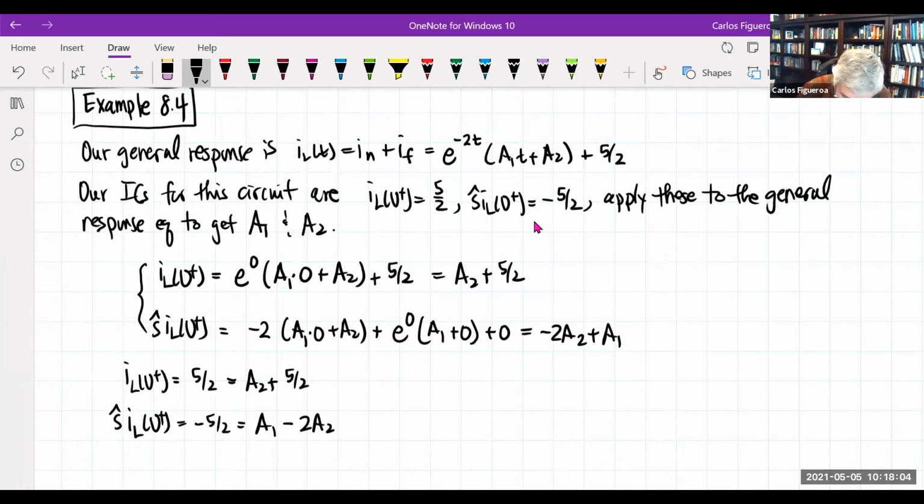So now you can see that I have two equations, two unknowns.